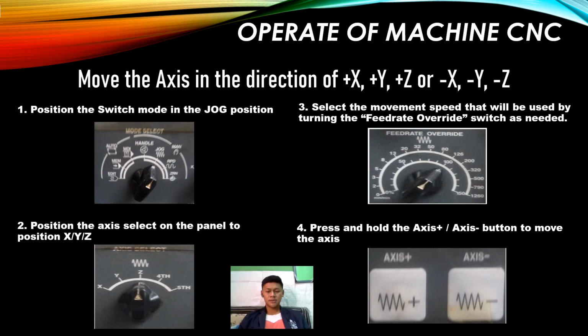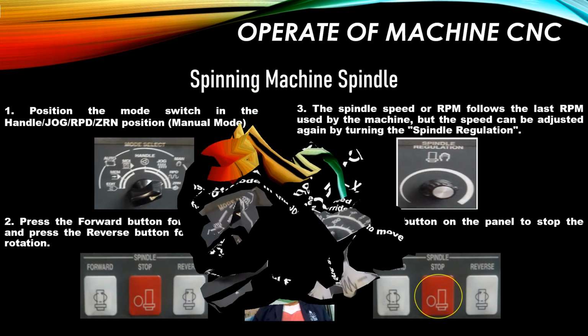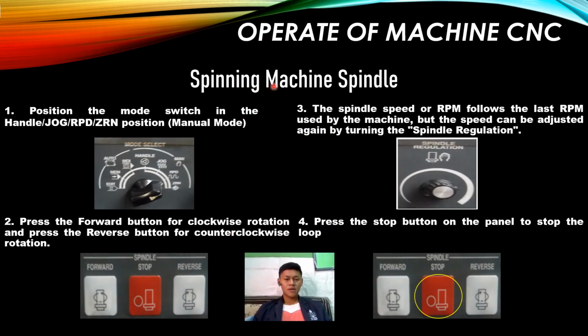Next, spinning the machine spindle. One, position the mode switch in the jog or manual mode position. Two, press the forward button for clockwise rotation and press the reverse button for counterclockwise rotation.